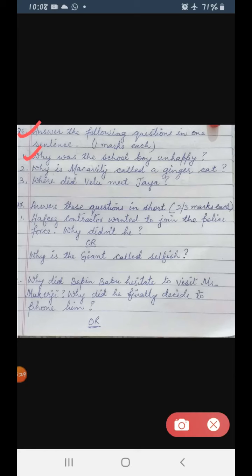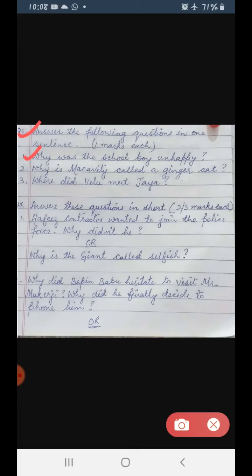Number 1. Why was the schoolboy unhappy? This question is taken from the poem The Schoolboy. He was unhappy because he wanted to go and enjoy his day, but he was compelled to sit in the oceans of boredom. That means the classroom.